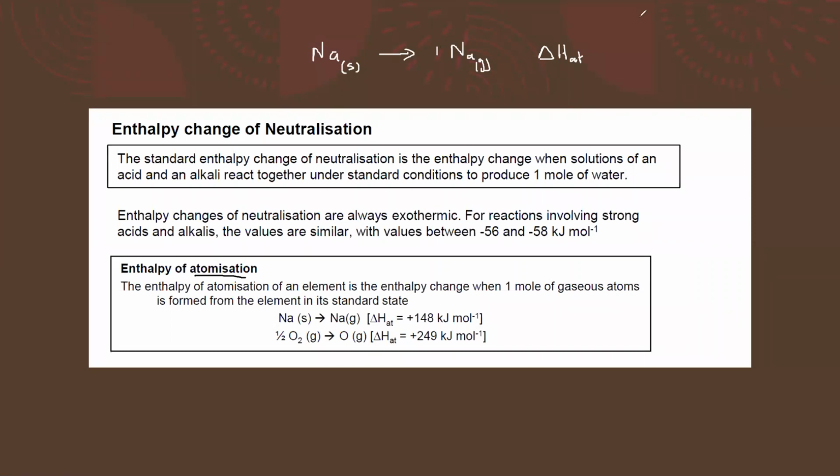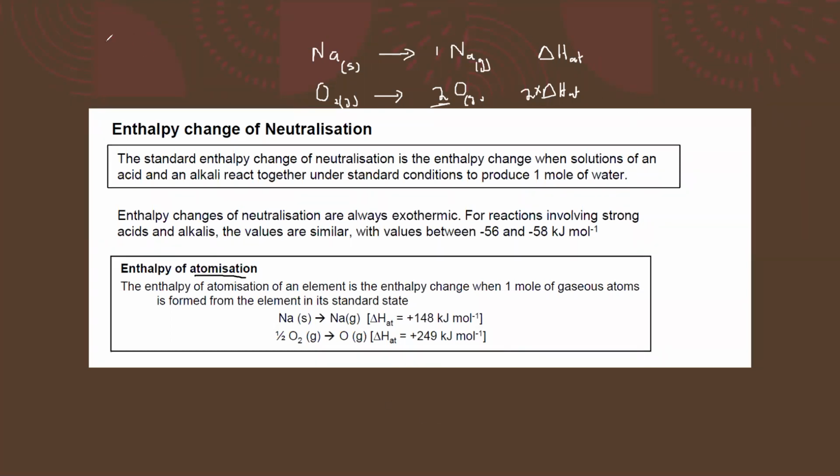If there were 2 moles, then it will be twice. For example, oxygen is O2, oxygen is a gas. When you form 2 moles of oxygen atoms, that is not for 1 mole, that is for 2 moles, because you are producing 2 moles of oxygen atoms.